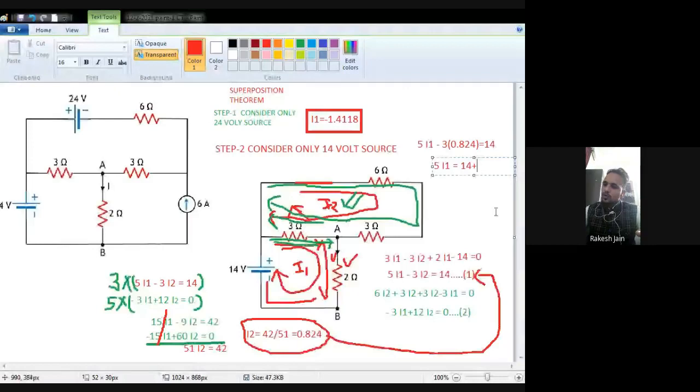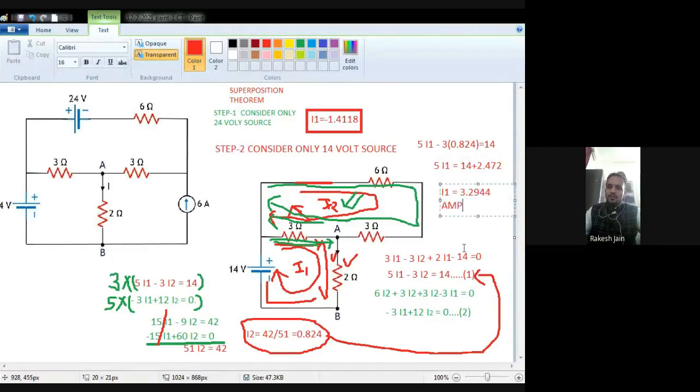So now I am going to take these two equations. One equation is 5 I1 minus 3 I2 is equal to 14, and the second equation is minus 3 I1 plus 12 I2 is equal to 0. That is very easy to solve.